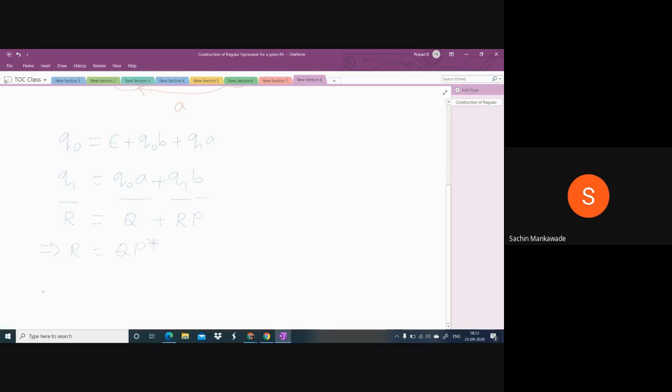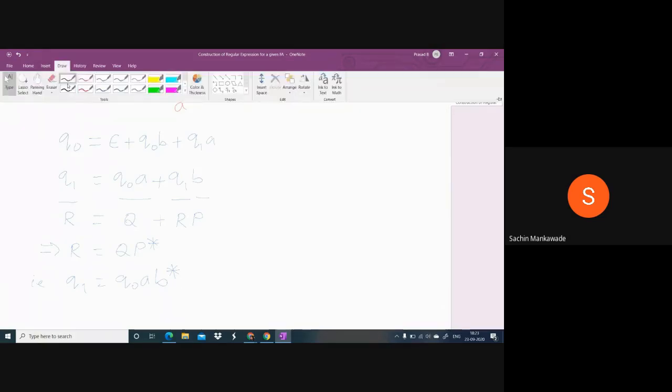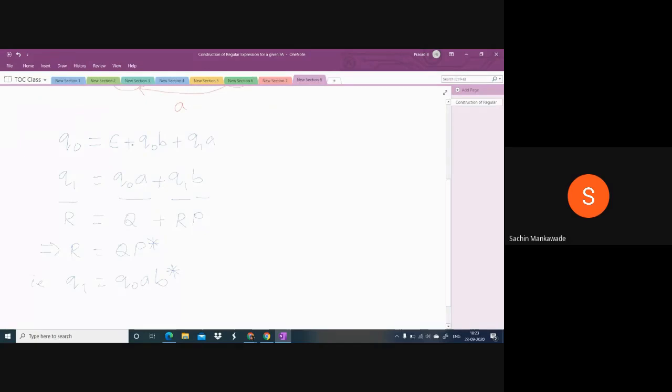This is the equation. So what is R? R is Q1. What is Q? Q naught A. What is P? B is the P. So P star is B star. Do you understand? So we got the Q1.